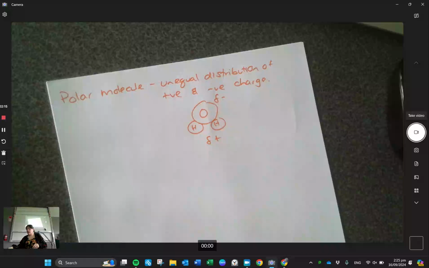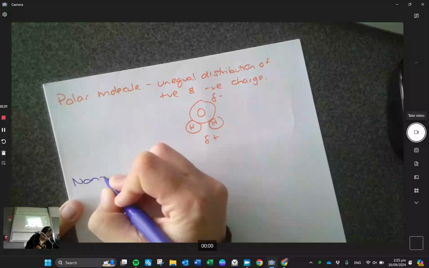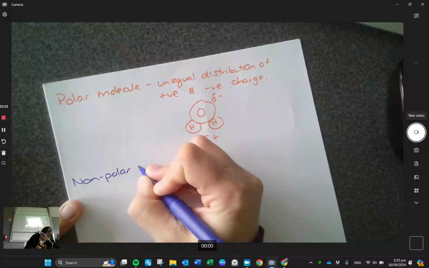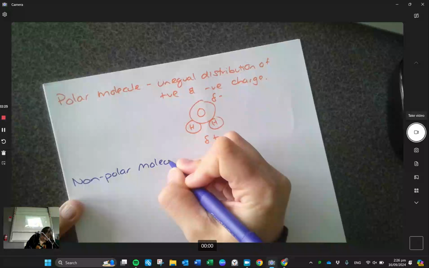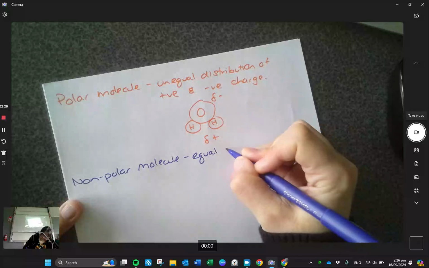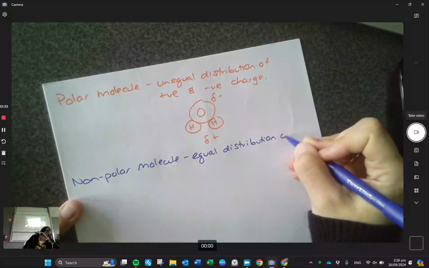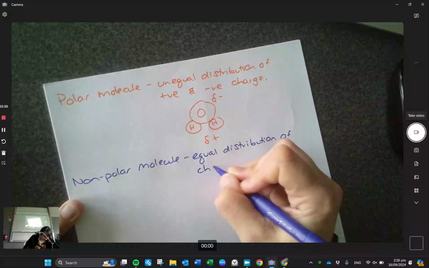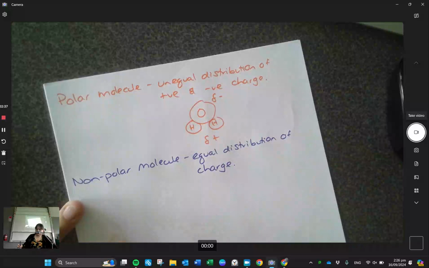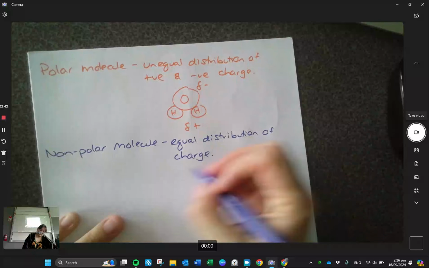A non-polar molecule has an equal distribution of charge. So that means that it doesn't have any slight negative or slight positive ends.